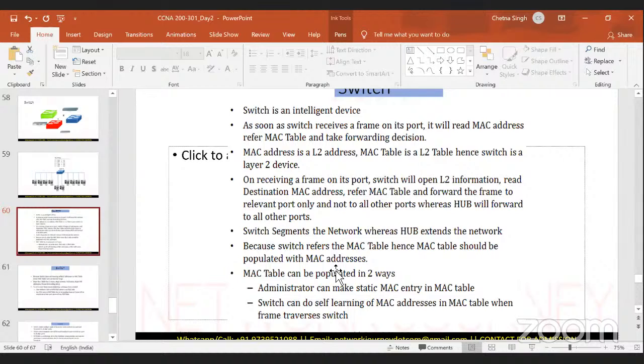So even when a switch is trying to receive the frame, read the MAC address, refer to the MAC table and then take the forwarding decision, there is a lot of processing required over here. So it has a memory, like we have a memory in our computer systems, the RAM, everything is similar to what we understand for our computer systems.